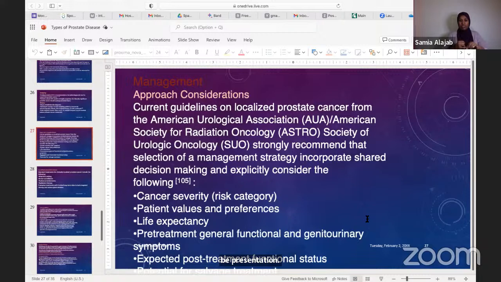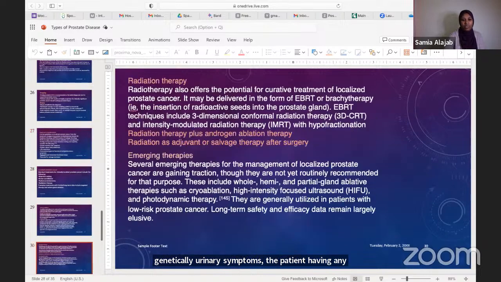If this treatment is going to affect the patient's quality of life, what the patient prefers, life expectancy, like the 10-year survival and the age of the patient, and this kind of stuff, and pre-treatment general functional and genitourinary symptoms, if the patient has any symptoms, and expected post-treatment functional status. So if this is, as we said, going to affect this patient.